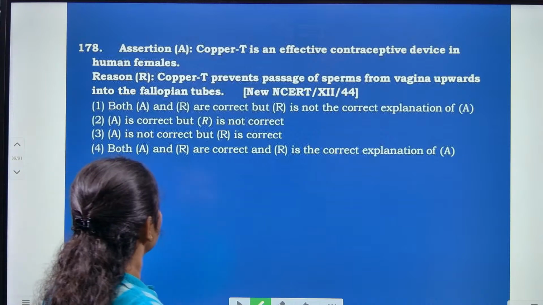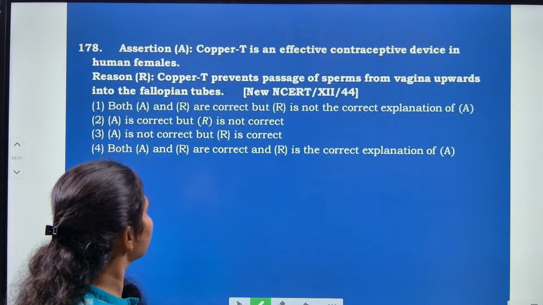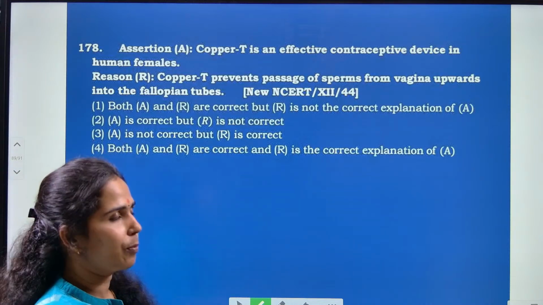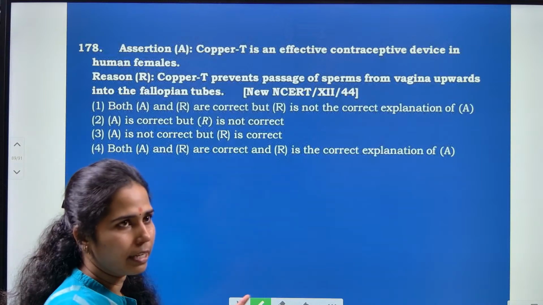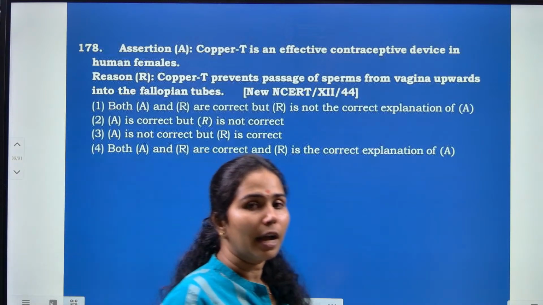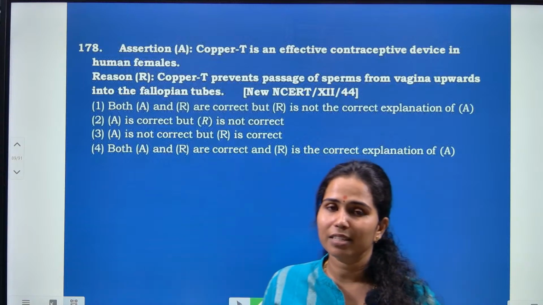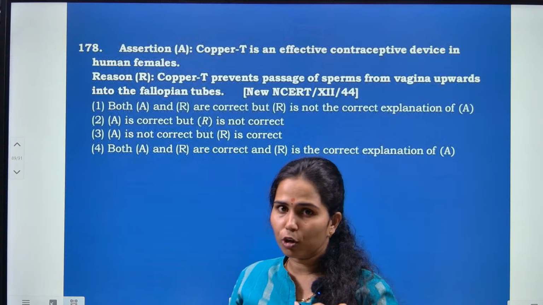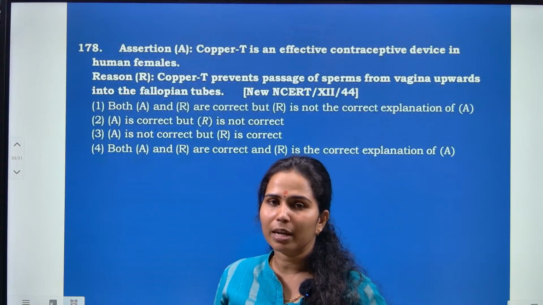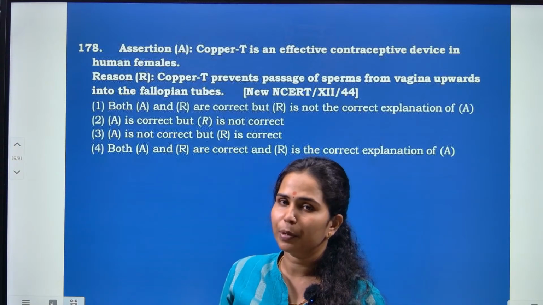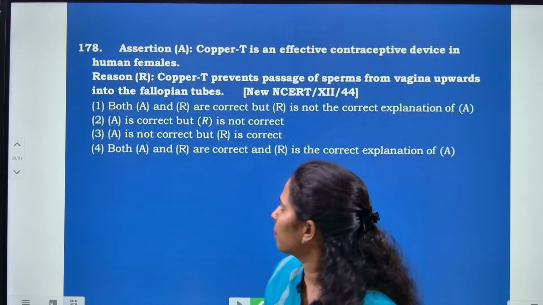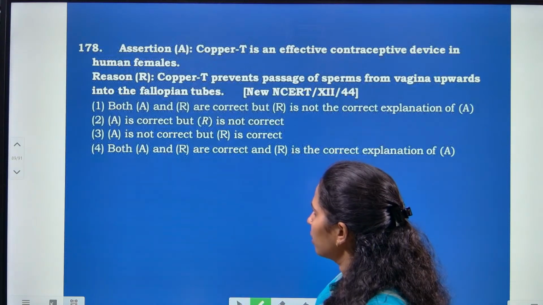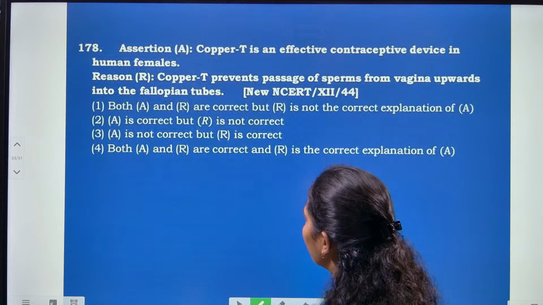Right. So the second one, assertion, that is copper T is an effective contraceptive device which is being used. Yes, copper T is an IUD, that is an intrauterine device, which is used by females here. Now when you see the function of copper T, it suppresses the motility of the sperm here, and it makes the uterus suitable for implantation.